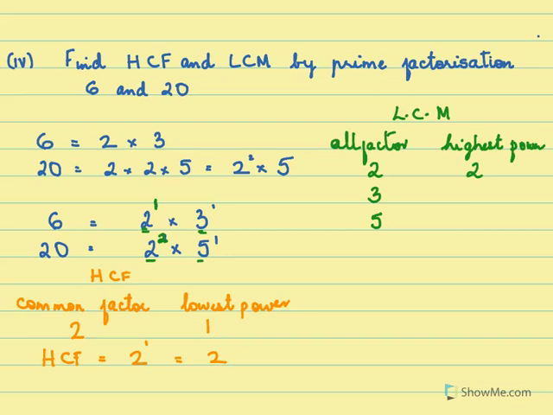So highest power will be 2. For 3, the highest power is 1. For 5, highest power is 1. So the LCM will be 2 raised to 2 into 3 raised to 1 into 5 raised to 1. 4 into 3 into 5, and the LCM in this case will be 60.